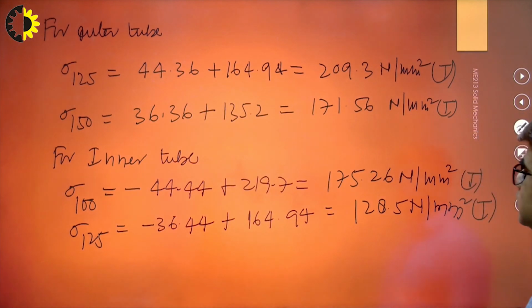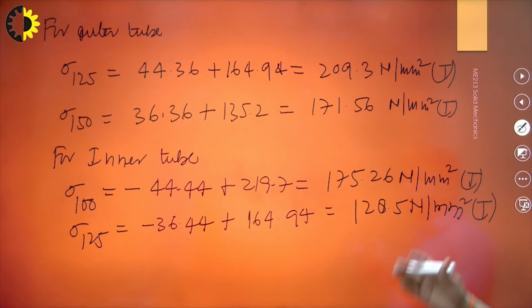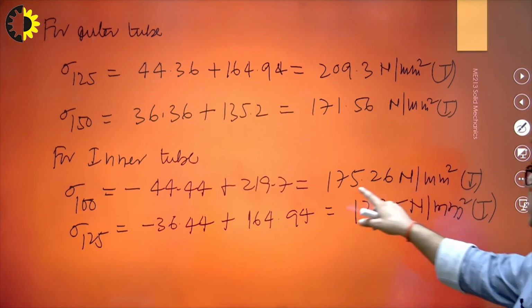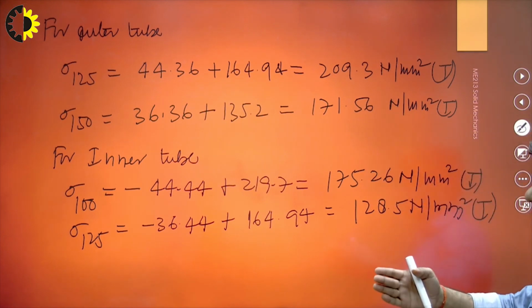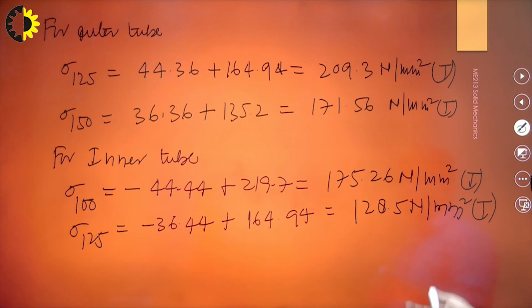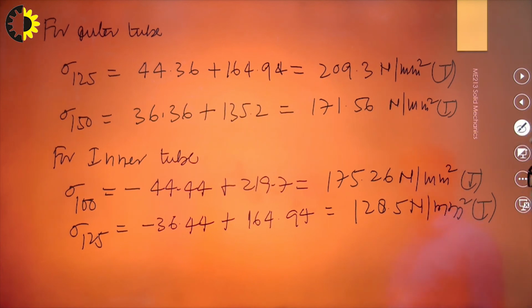One thing is very clear from these results. The hoop stress is 175.26 Newton per mm square at the inner radius for the inner tube. At the junction radius of the inner tube, it is 128.5 Newton per mm square.